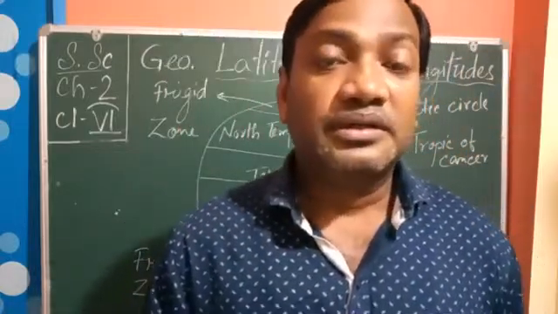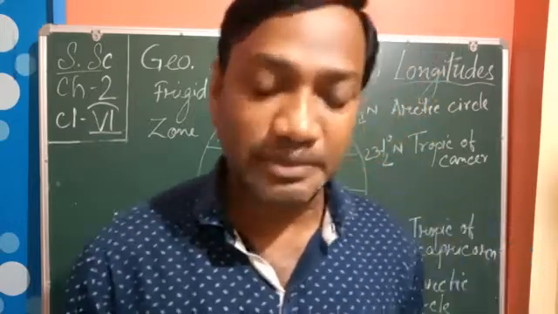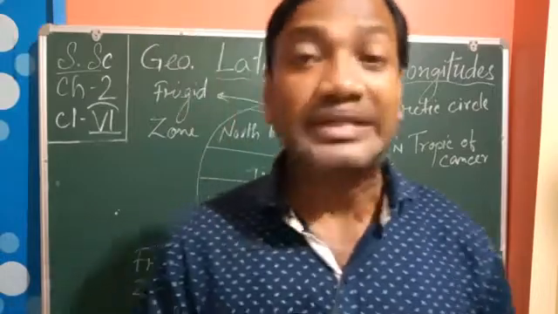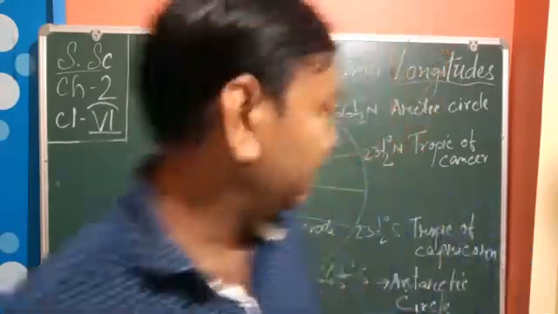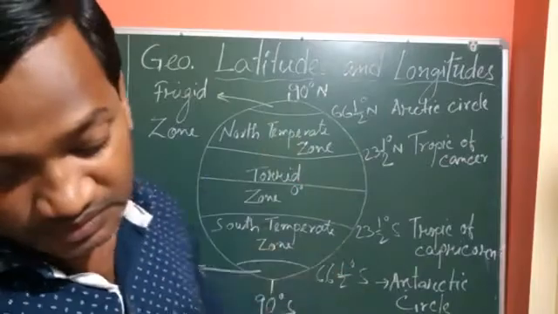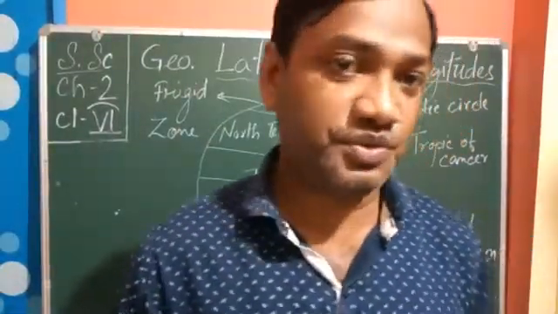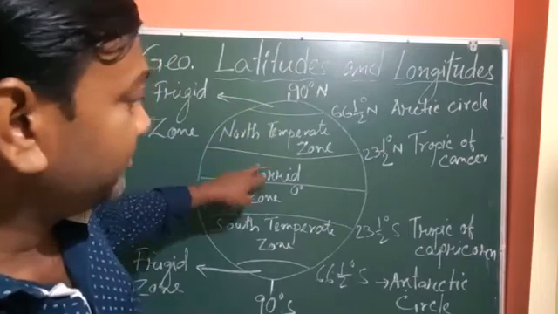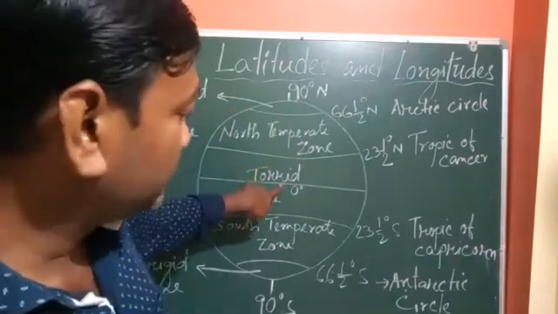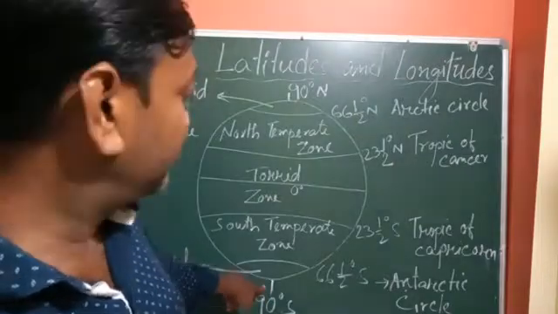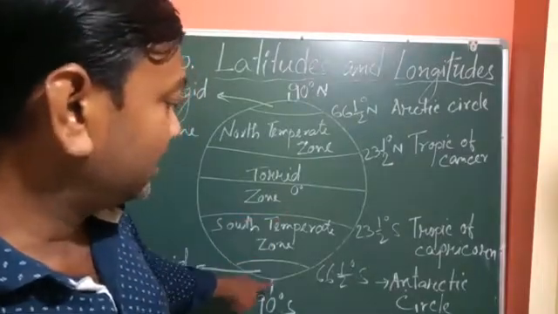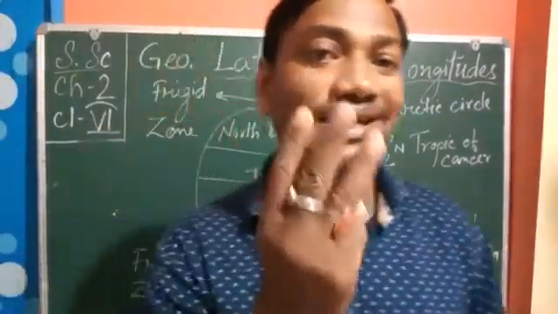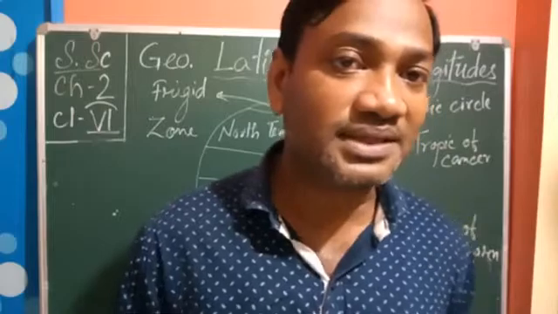So we have come to know about the important parallels, and these help us to divide the earth into three heat zones. Here we find 1, 2 and 3 from 0 degree, and if we go to the southern hemisphere, we find again 1, 2 and 3. So it divides the earth into three heat zones. And what are these?